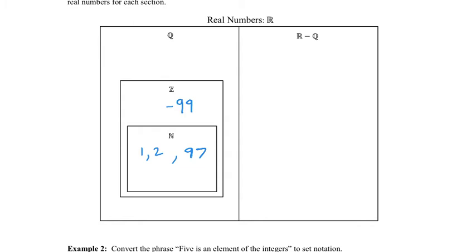Okay, now how about a fraction that's not an integer? So something outside of that box we were just inside. So maybe we'll write 1 over 2. Or maybe you compare Sidney Crosby to Connor McDavid.